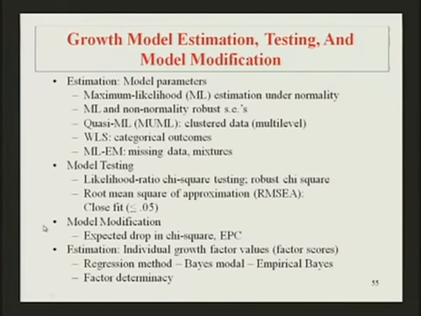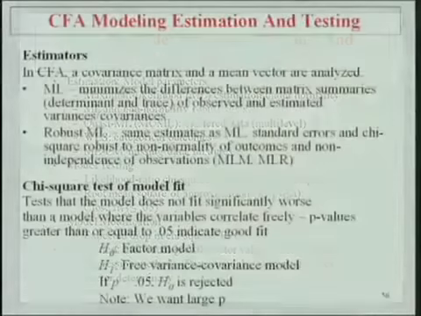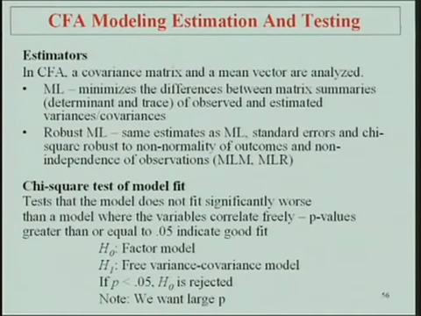The chi-square, if you focus on slide 56, just the chi-square test, tests that the model does not fit significantly worse than a model where the variables correlate freely. Correlate freely means H1 is unrestricted. Here it's a free variance covariance model, but with growth models it also includes a free mean vector. And in this case, we want p-values to be big.